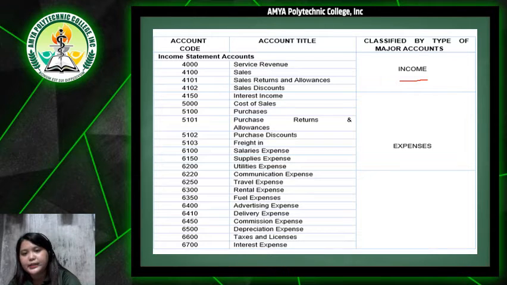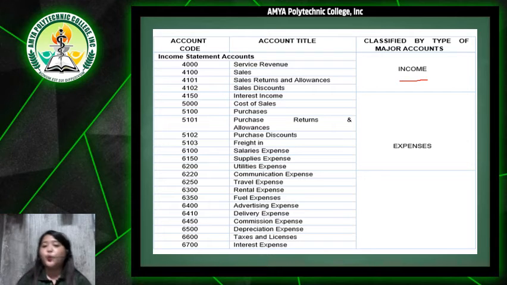We have purchase discounts, freight in, salaries expense, supplies expense, utilities expense. We have the communication expense, of course. We have travel expense, rental expense, fuel expense, advertising expense, delivery expense, commission expense, and we also have depreciation expense, taxes and licenses, and of course, interest expense.